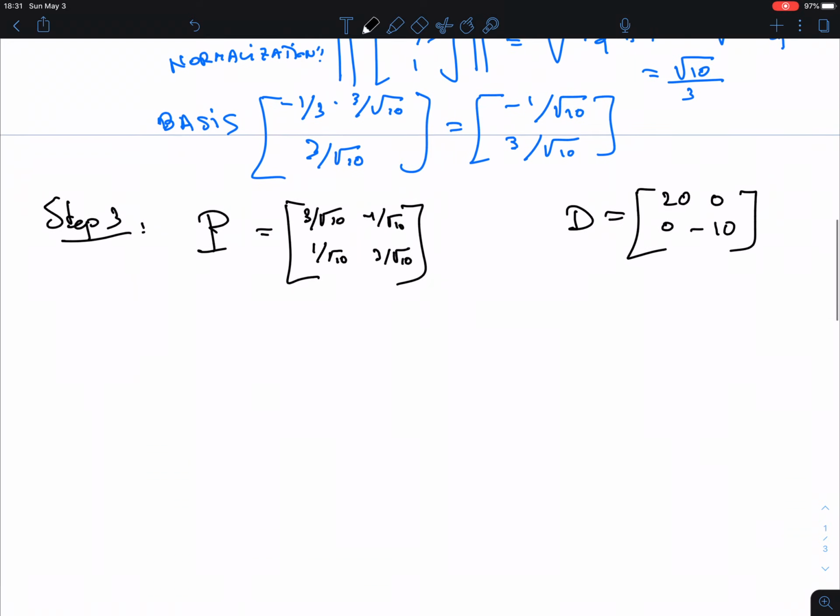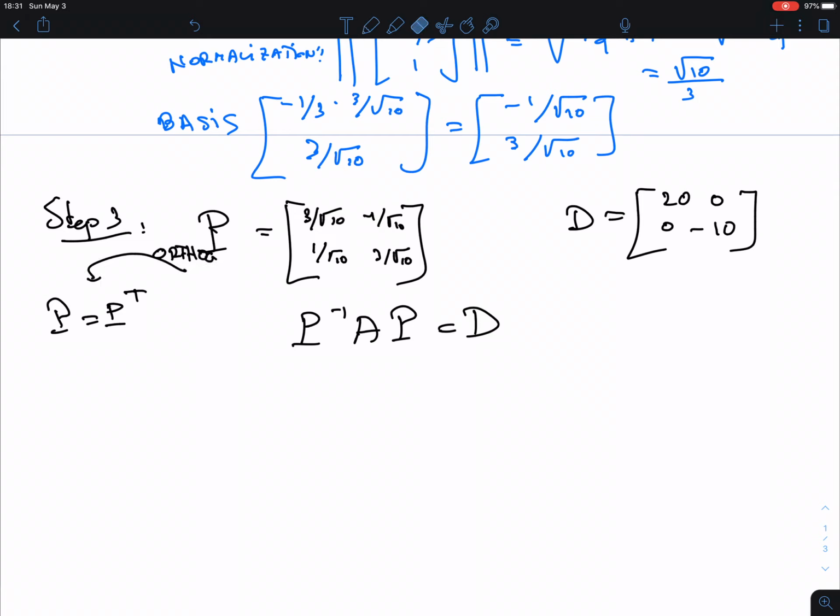Because this guarantees us that P inverse A P is equal to D, but we know that P inverse is the same as P transpose. The inverse of the matrix is equal to the transpose of the matrix because, sorry, let me make this a bit neater, this is an orthogonal matrix, and this means exactly that we have this.